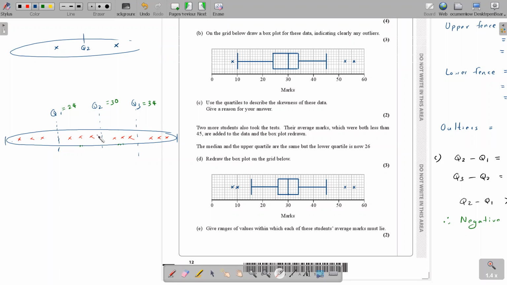Now they are going to add 2 more people into this group. They are saying the median and upper quartile don't change. These two don't change, but this one will increase. Q1 will increase to become 26. So they are asking you to give ranges of values within which each of the students' average marks must lie. So in what range will the marks lie?